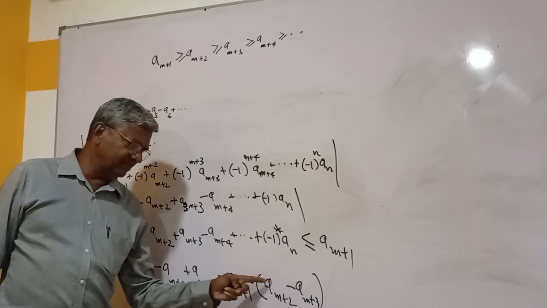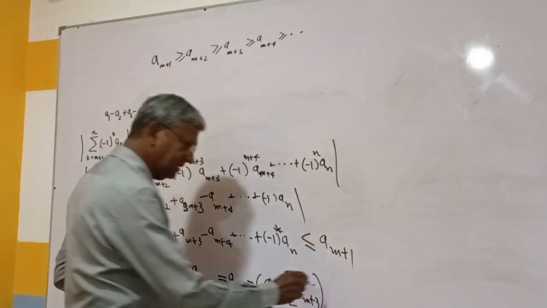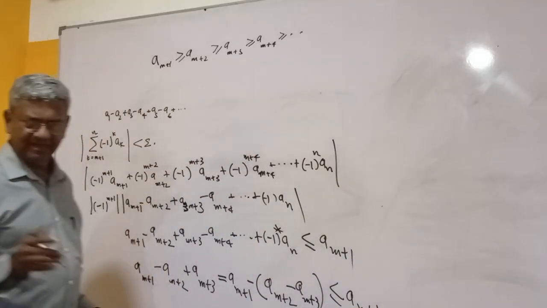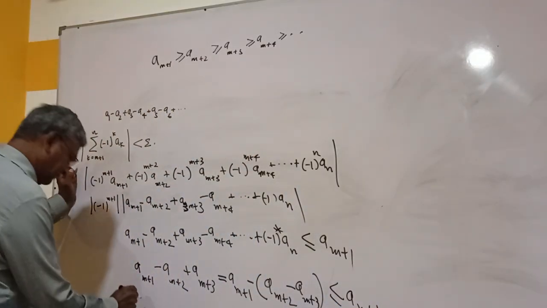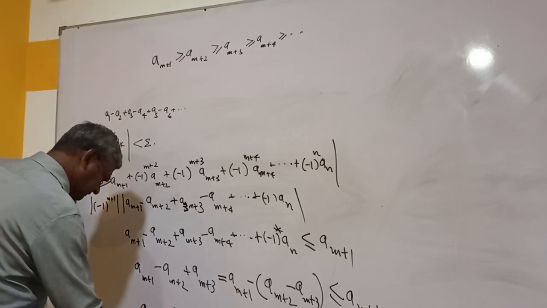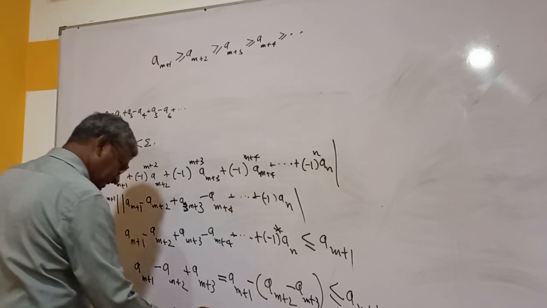Since it is decreasing, this term is positive. As a result, this is less than or equal to a_{m+1}. But if you had 4 terms, a_{m+1} minus a_{m+2} plus a_{m+3} minus a_{m+4}.